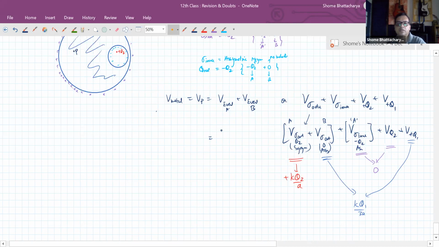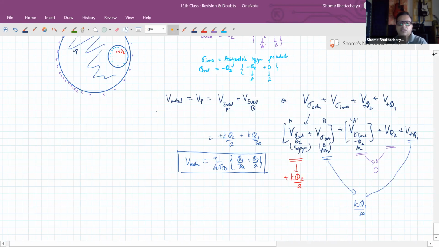So that's why it is ultimately, okay. So it is 1 by 4 pi epsilon naught, this is the potential of the metal. Okay.